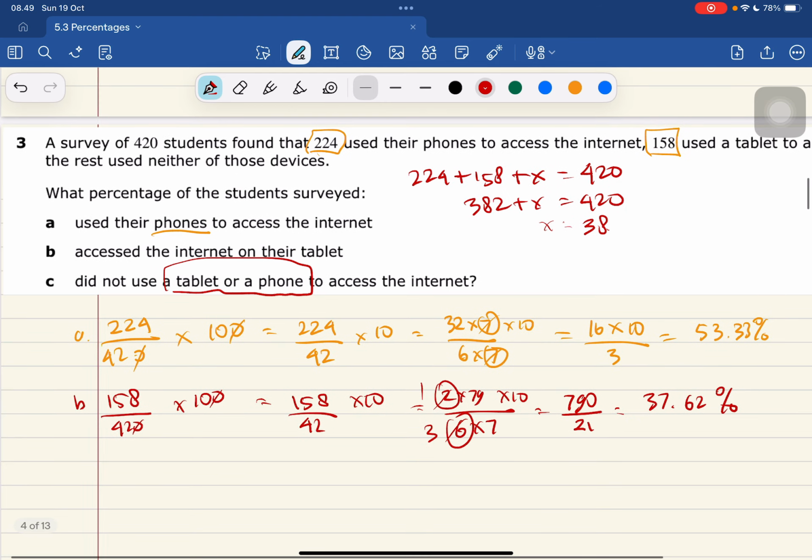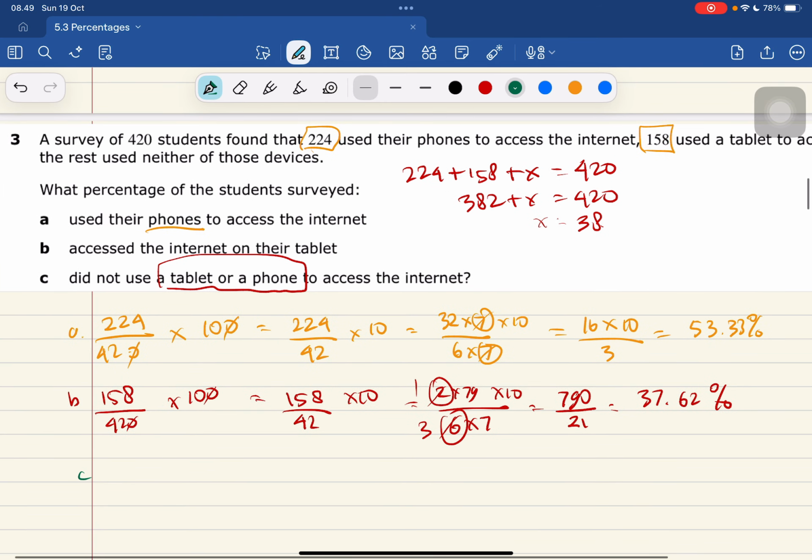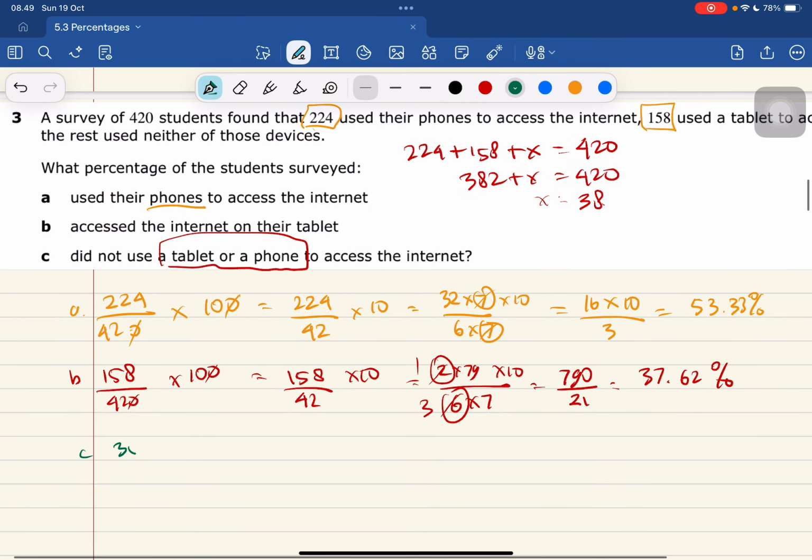So for C, did not use tablet or phone. So 38 over 420 times 100. So this we can simplify. So 38 times 10 over 42. So 38, can 38 be divided by 6? No. By 7?